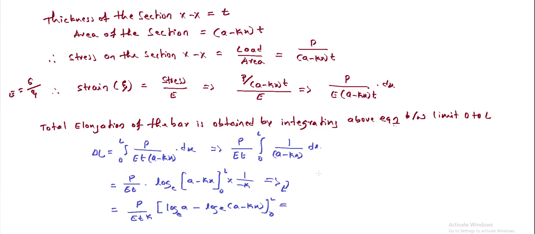So here, P by ETK, which is minus times log. If I substitute this L here, I will get A minus KL, and again I need to substitute the limit minus log to the base e.